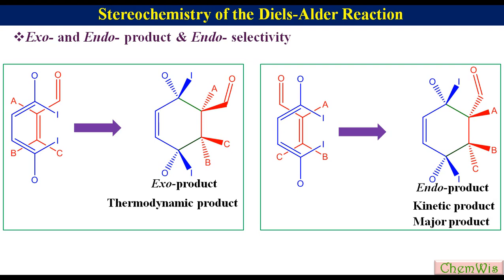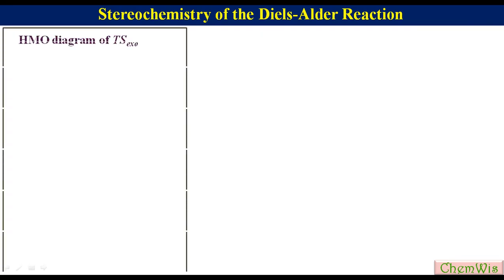It would be easier to understand this if we go through the Hückel molecular orbital diagram of the transition state of endo and exoproduct. Hückel molecular orbital diagram of exo transition state. In a Diels-Alder reaction under normal electronic demand, HOMO of diene combines with the LUMO of dienophile.